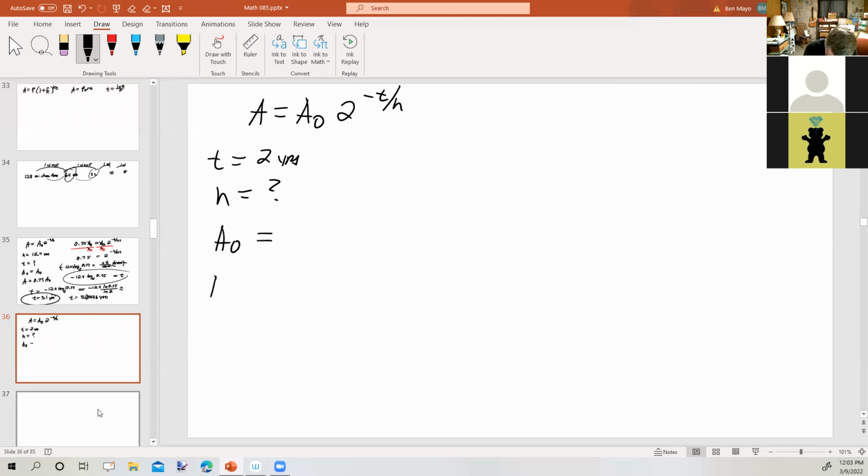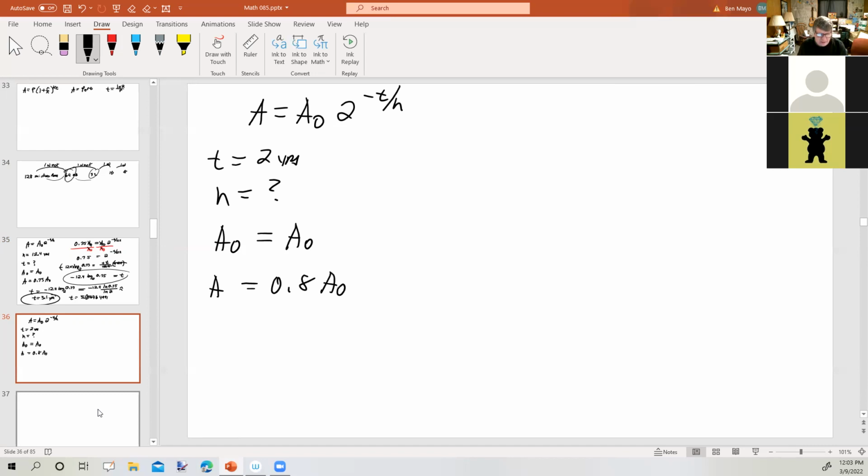So let's see. Again, we don't know how much we're starting with. So we're starting with a sub 0 or a naught. It says in 2 years, 20% of a radioactive element decays. So if 20% goes away, we still have 80% of the starting amount.